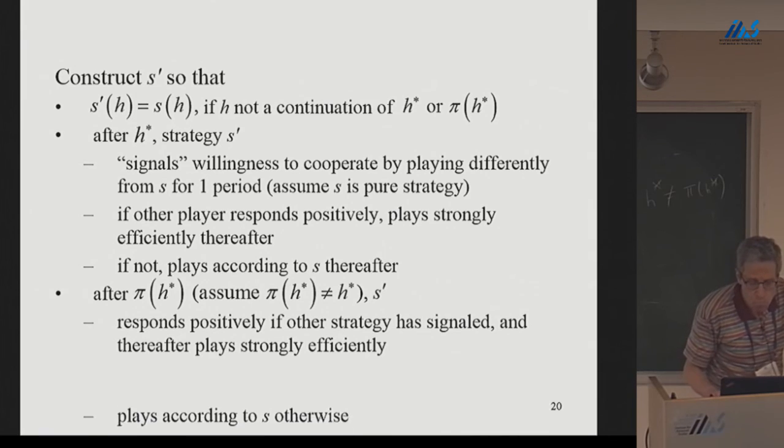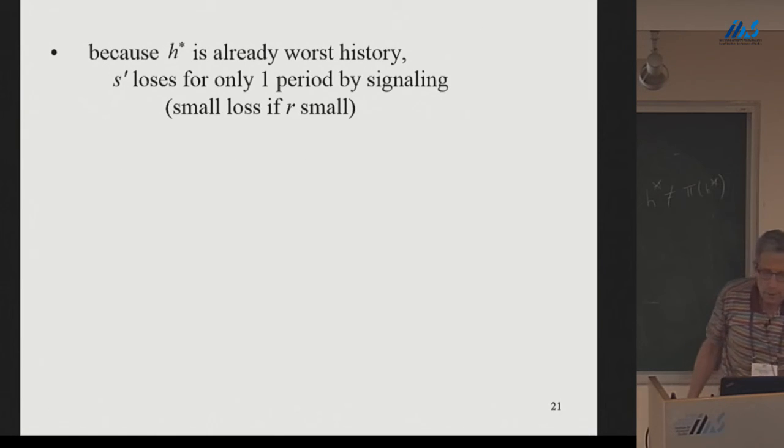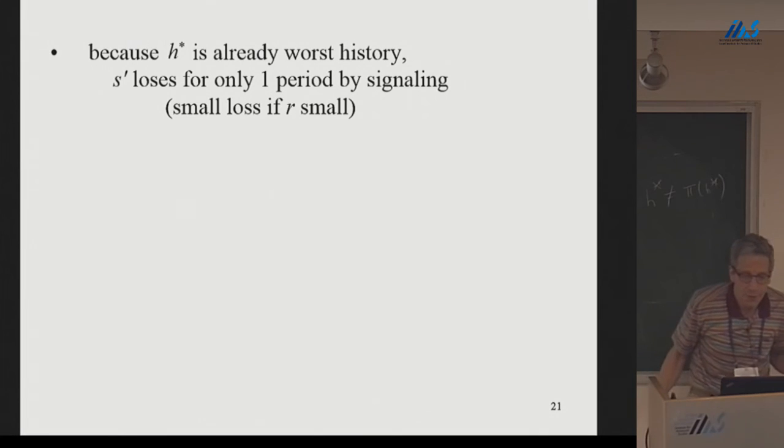And now I want to compare S prime with S, and I'm going to show you that S prime does better than S. Well, because H star is by definition the worst history, or the history for which subsequent payoffs are worst, S prime, by signaling for this one period, can't lose very much.